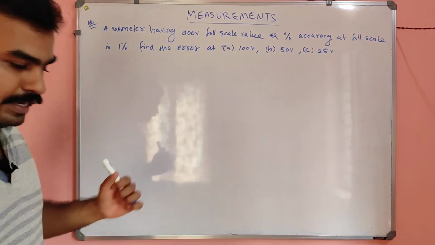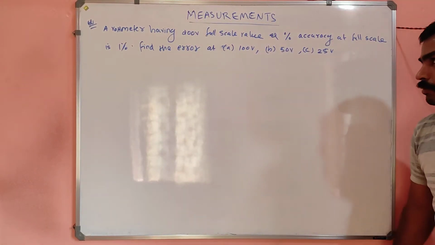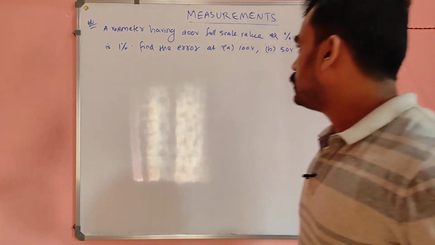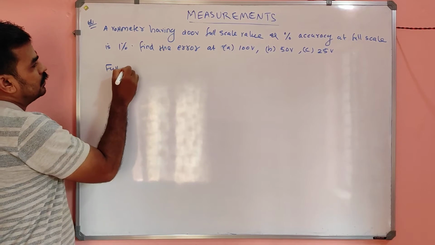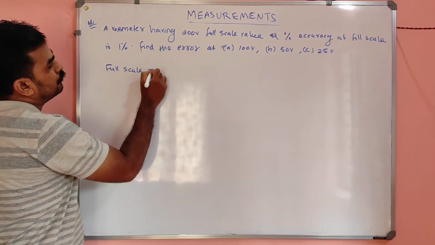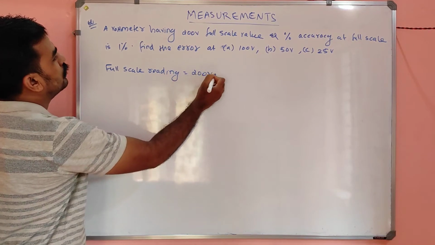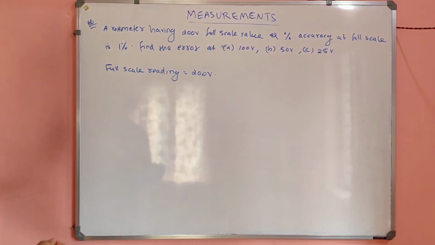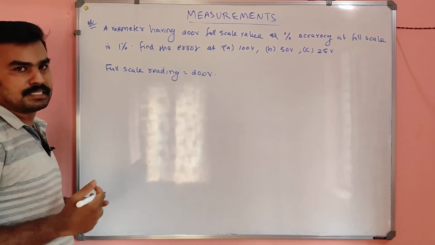This is a very important question. A voltmeter having 200 volt full scale value. Write the data here: full scale reading equal to 200 volt, and percentage accuracy at full scale is 1%.